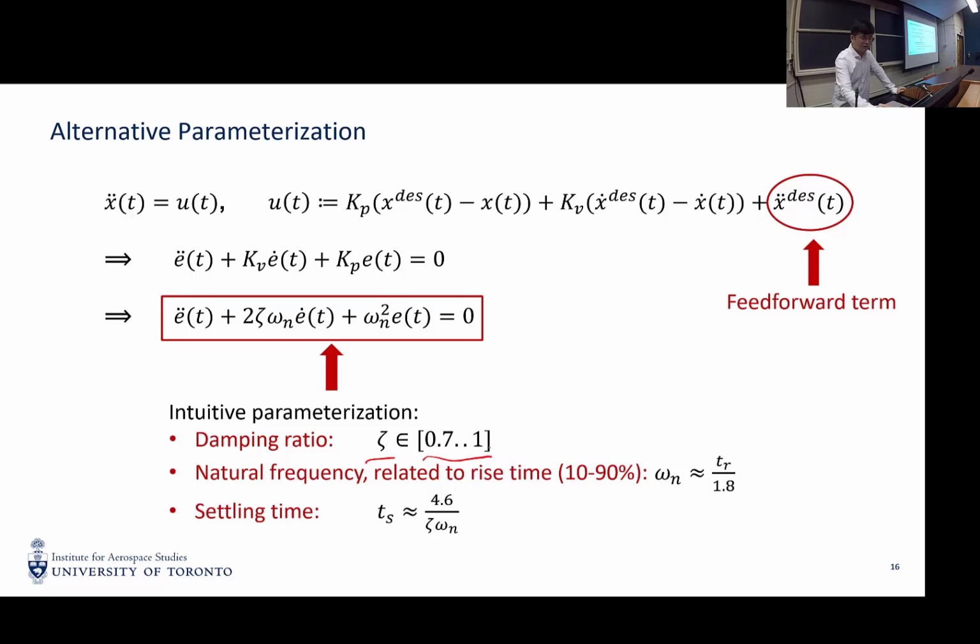And we want the natural frequency to be around TR, which is the rise time, divided by 1.8. If we pick this TR, then we can calculate zeta and omega, and then we can replace the individual gains with those values to get a desired dynamic response.